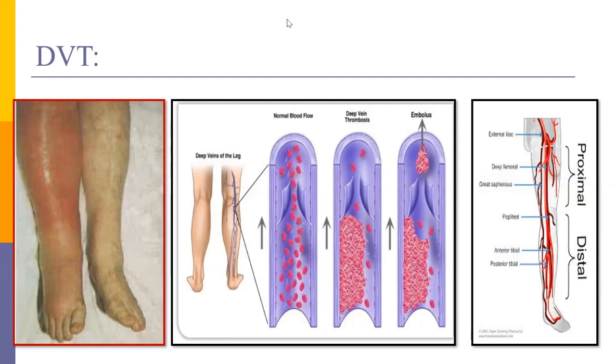Then in the middle, you will see there is venous stasis, and there has been clot formation just before the valves. So blood is trying to go up, but a clot has formed that way. Then in the third, we are seeing an embolus, part of what had clotted, part of what had formed here, escaping and going up to the pulmonary circulation.